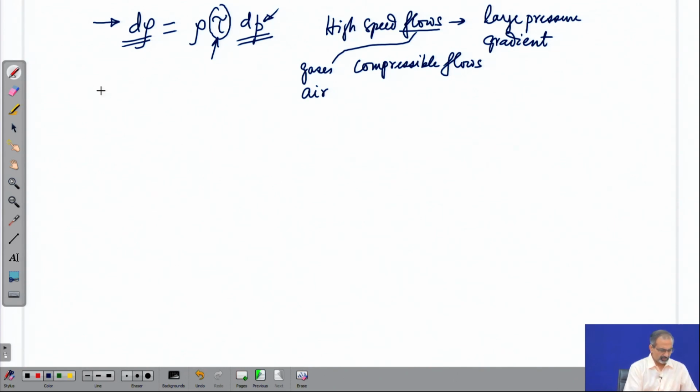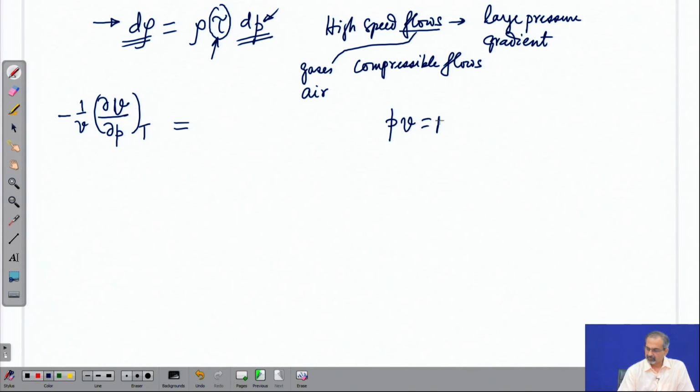Going back to the two definitions of compressibility that we just discussed, the isothermal compressibility for constant T, if you want to take the expression forward by invoking the ideal gas equation of state, how can we take it forward?